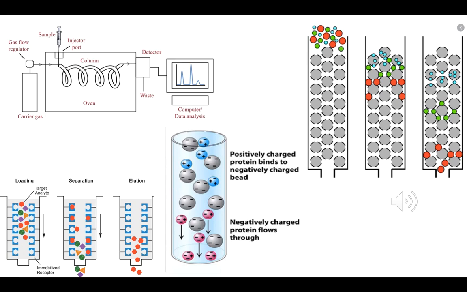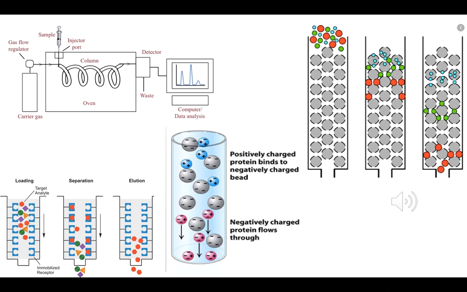Then we have ion exchange chromatography, which separates based on charge. There are two types of ion exchange. First, anion exchange chromatography, where we're trying to isolate anions. These beads are covered in positive charge, so when we put the compounds in, the negatively charged molecules bind to the positively charged beads and get stuck there.